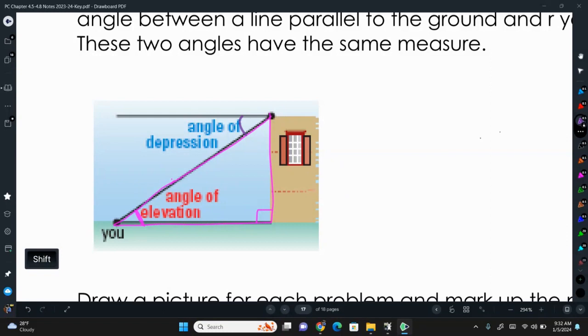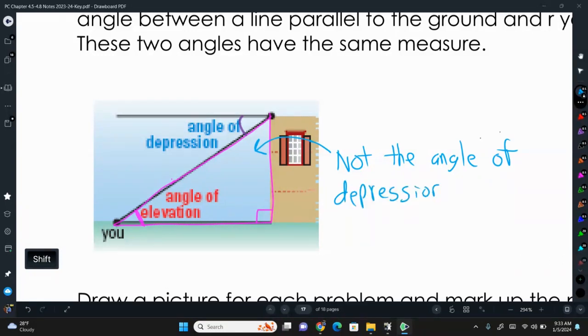However, a lot of students will make the mistake and think that this angle right here is the angle of depression. So this is not the angle of depression. So the angle of depression is outside the triangle, the angle of elevation is inside the triangle, and they're going to be equal to each other.